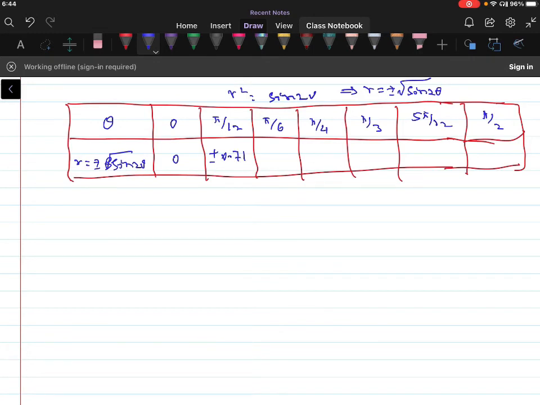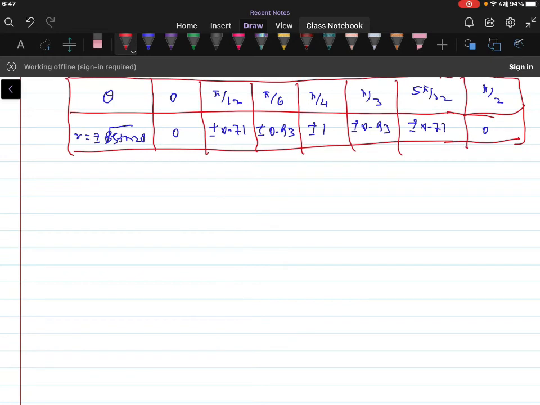When theta is equal to pi by 6, r will be plus or minus 0.93. When theta is equal to pi by 4, r will be plus or minus 1. When theta is equal to pi by 3, r will be plus or minus 0.93. When theta is equal to 5 pi by 12, r is plus or minus 0.71. When theta is equal to pi by 2, r will be 0. We construct the graph for the following r and theta values.